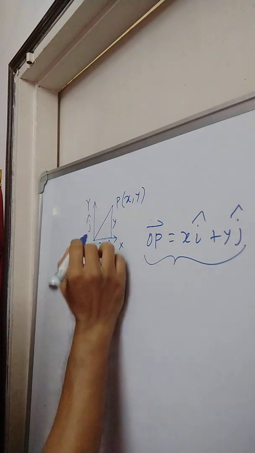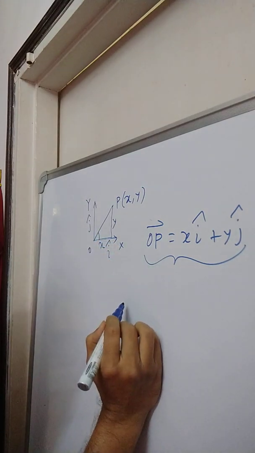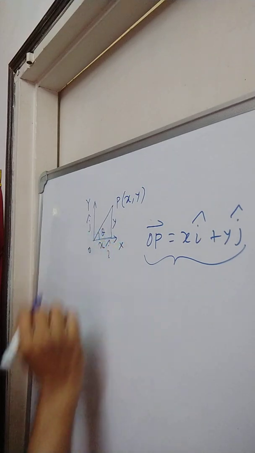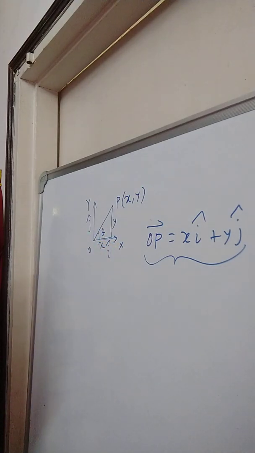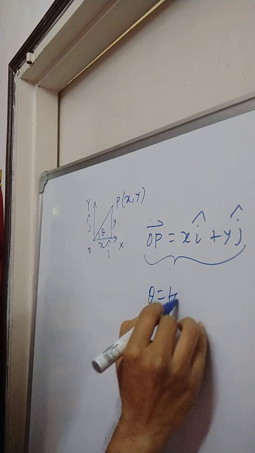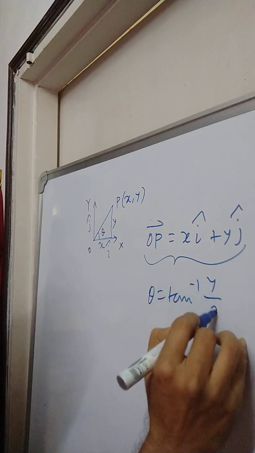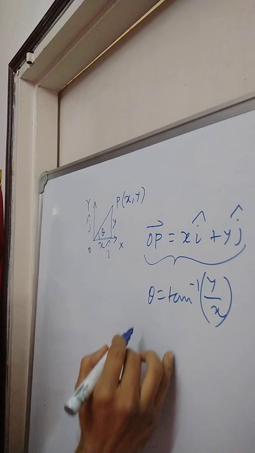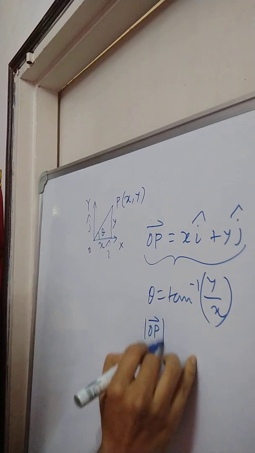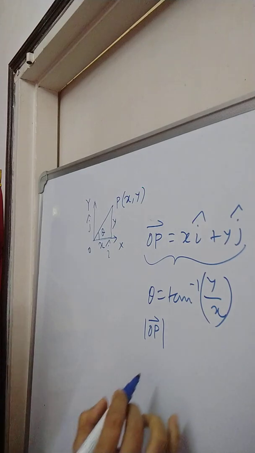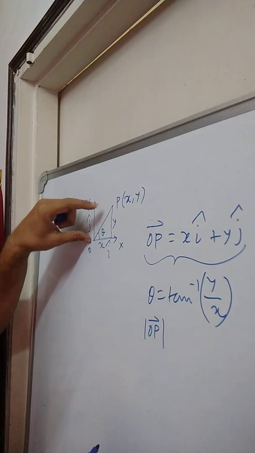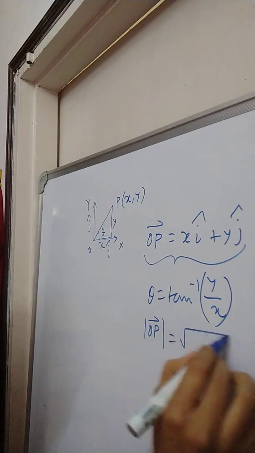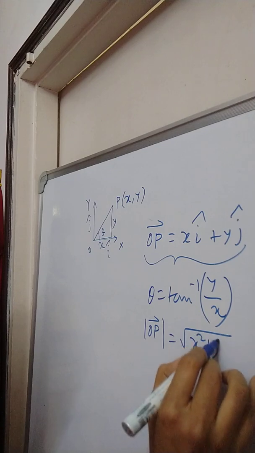which determines the direction of OP using the angle theta, which comes out to be tan inverse y by x, we all know. And what is the magnitude? From Pythagoras theorem, the magnitude of OP is just the length of OP or the distance between O and P, which comes out to be root over x square plus y square.